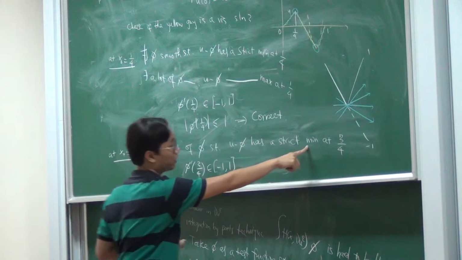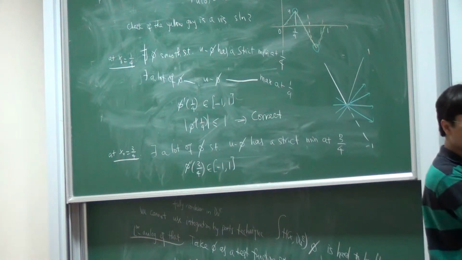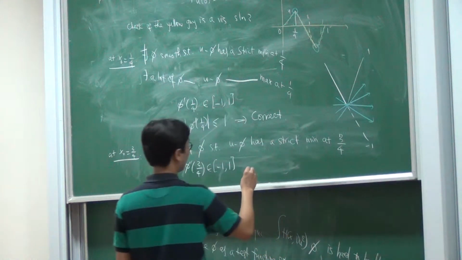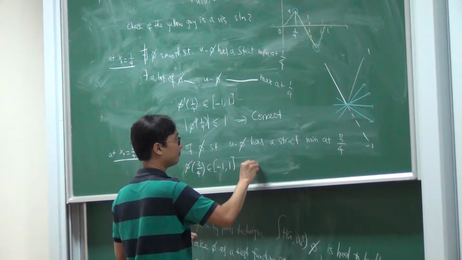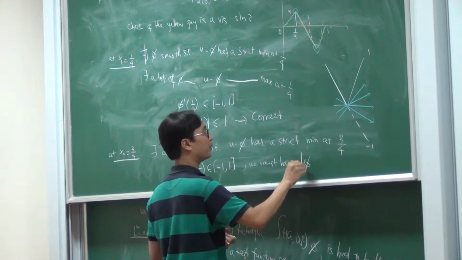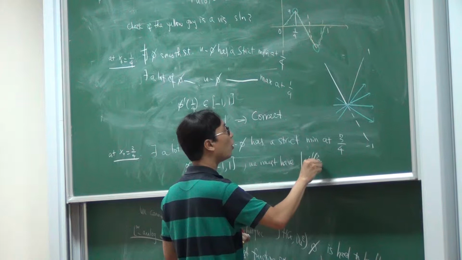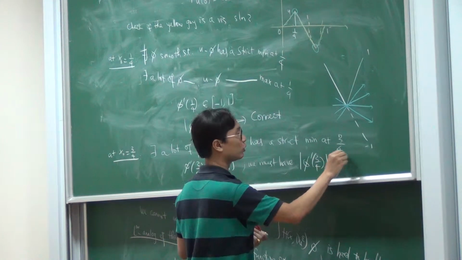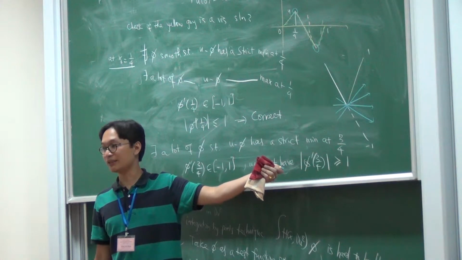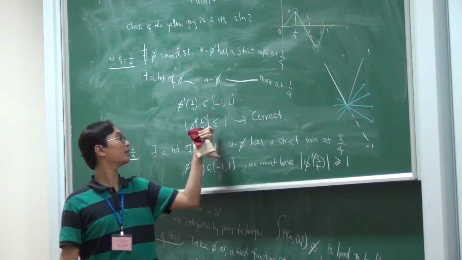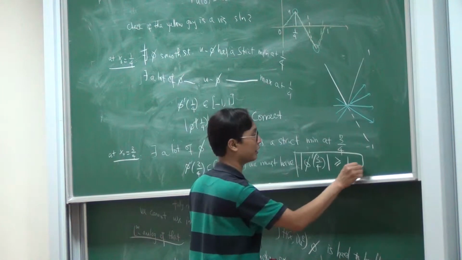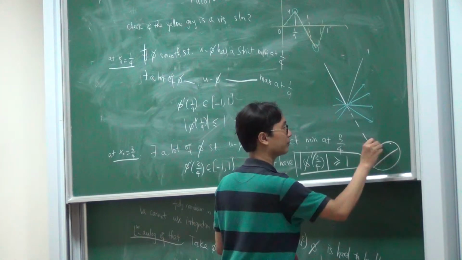Now, this has a strict min, so I need to go to the second definition. So we must have phi prime of 3/4 greater than or equal to 1, which is of course a contradiction. Because the slope here can be less than 1, but we are requiring the slope to be greater than or equal to 1, so this is a contradiction.